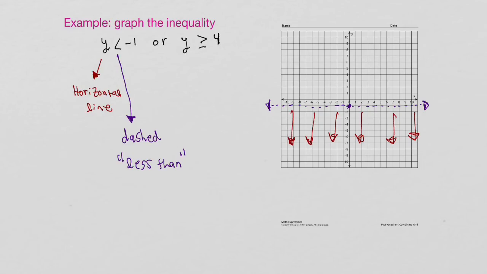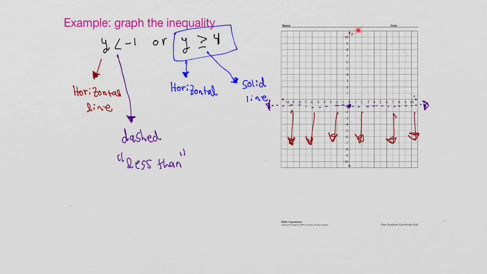Now, in order to finish the problem completely, we have to graph this inequality. Similar to the one we just did, we get a horizontal line, and this time we're going to get a solid line because we have this equal to symbol.